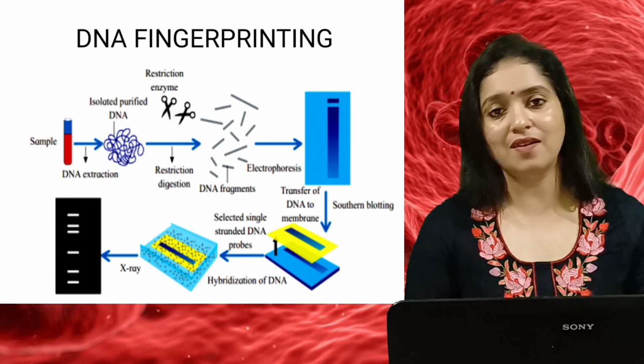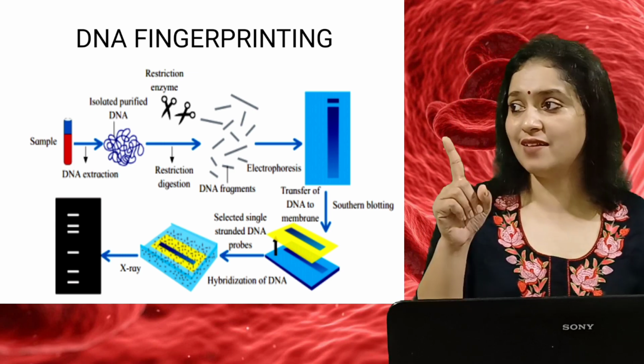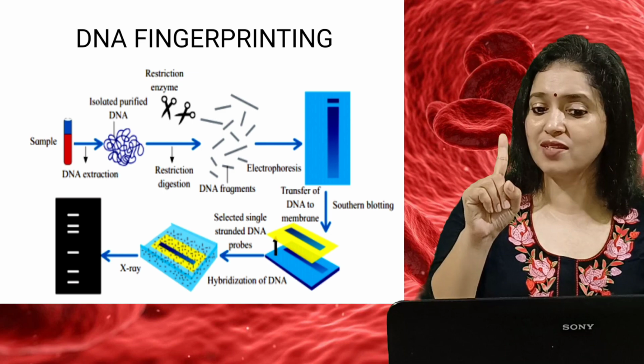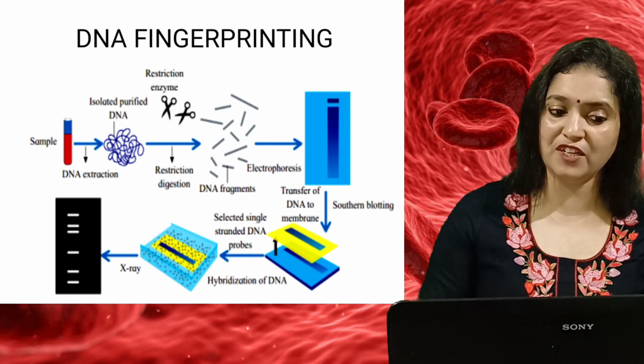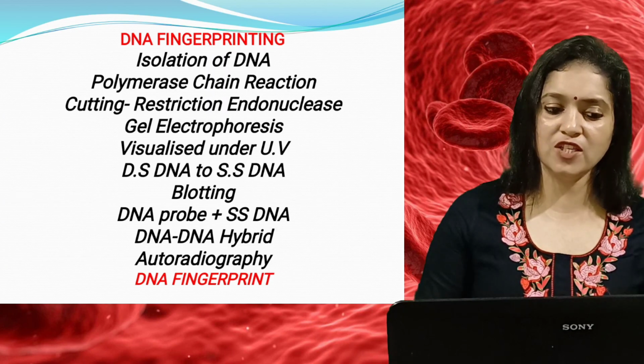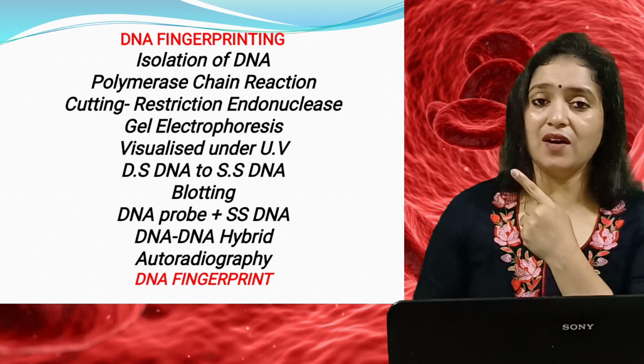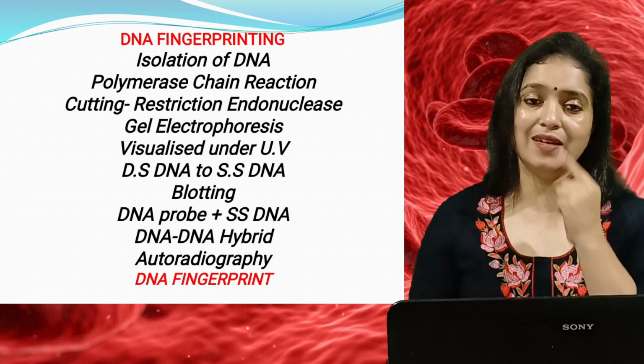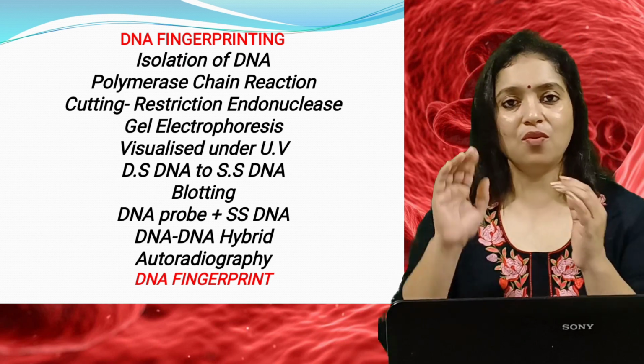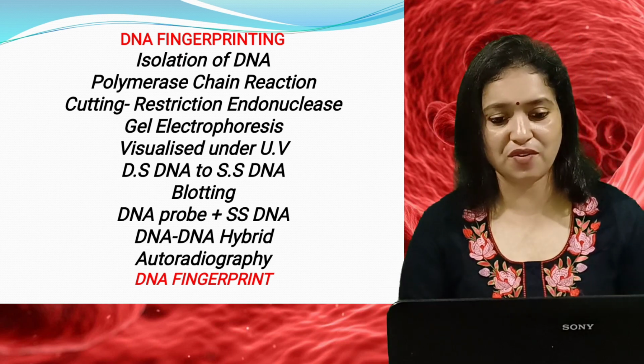So this is actually the lac operon, and then comes DNA fingerprinting, which is also very important. The entire process is given in the diagram, and after that the explanation points I have also given here. You can see what we are doing in DNA fingerprinting. Which is the first step? Isolation of the DNA.